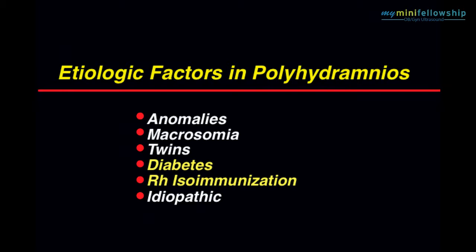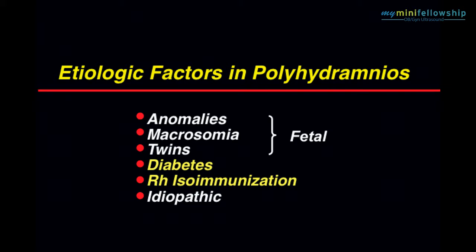If you go into the literature, you can be overwhelmed by etiologic factors that cause polyhydramnios. So this slide is meant to simplify it as much as possible. There are 5 well-established causes of polyhydramnios, and then the 6th most common cause, possibly the most common cause, is I don't know, and I never figure it out.